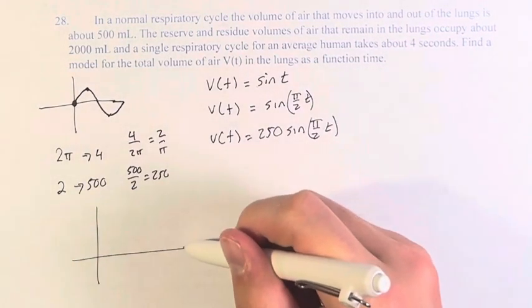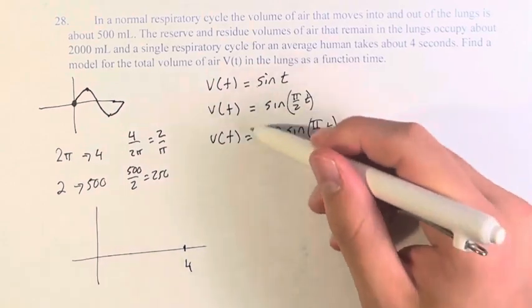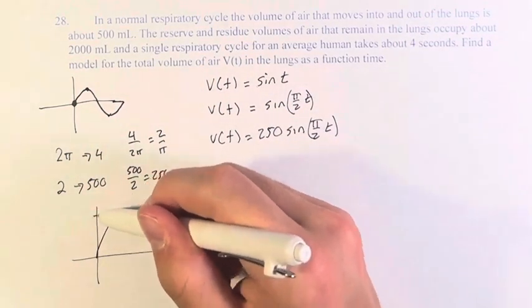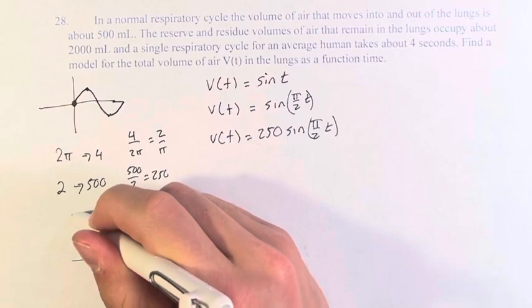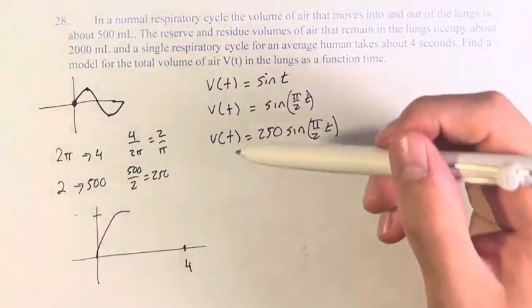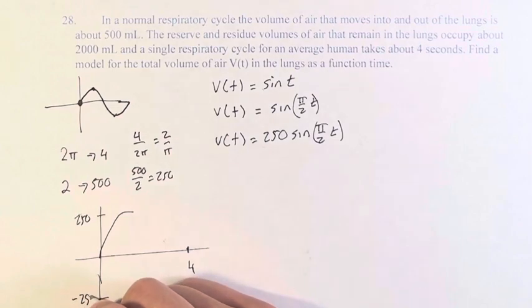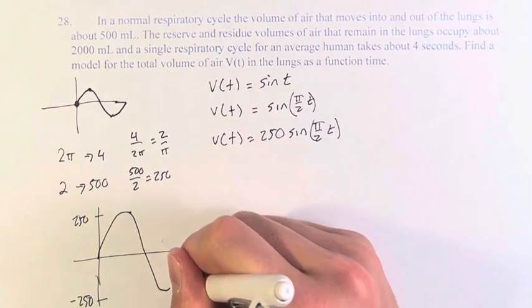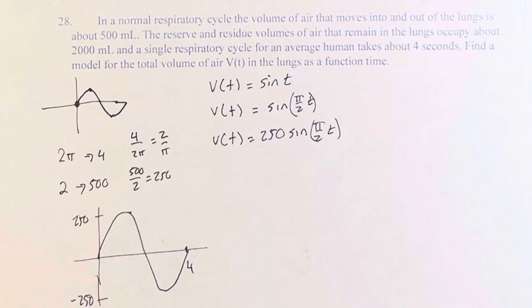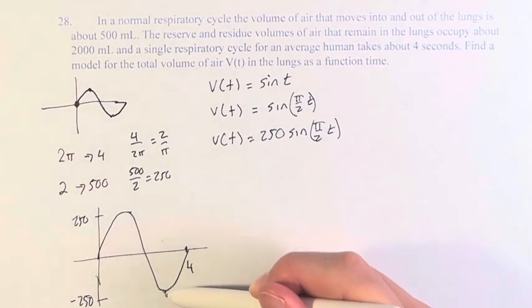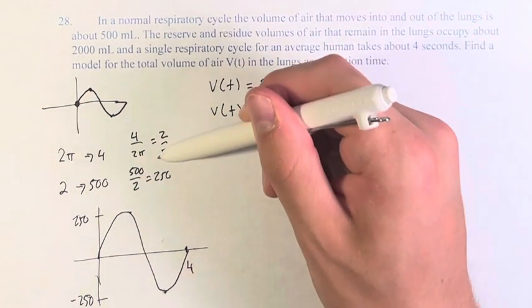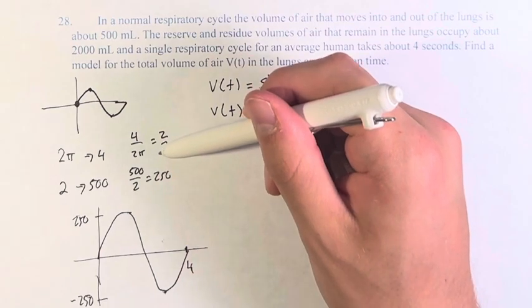So it takes about 4 seconds, and instead of going from 1 to -1, it's going from 250 to -250, something like that. This minimum value of -250 now has to be 2,000, right?